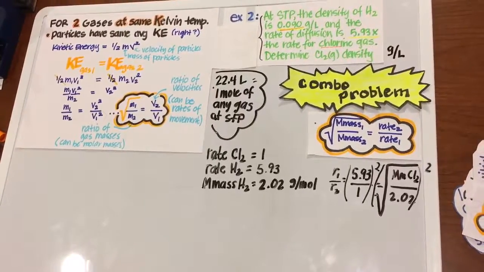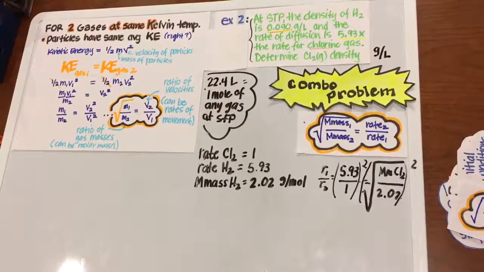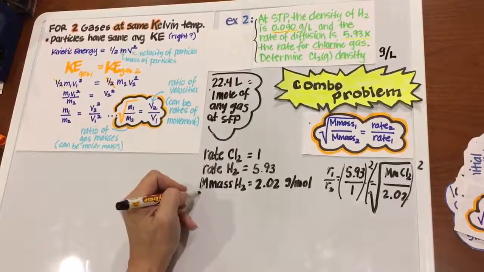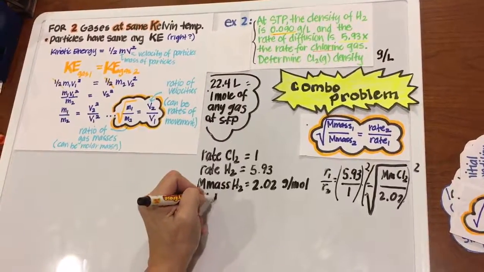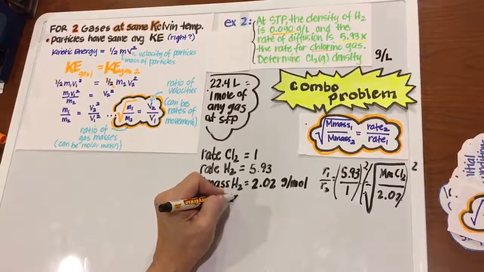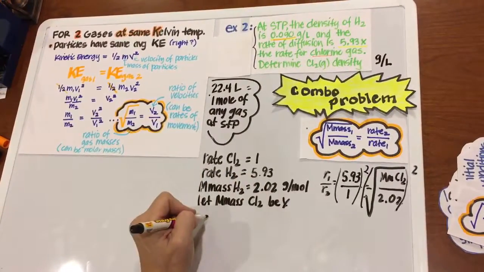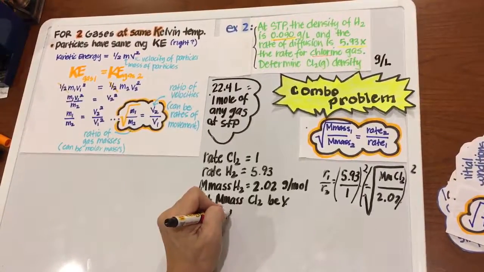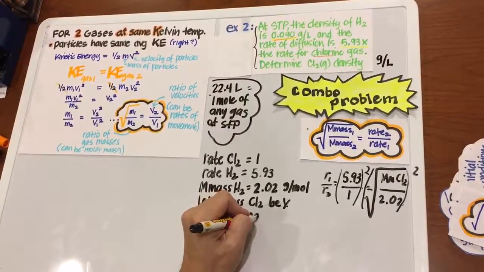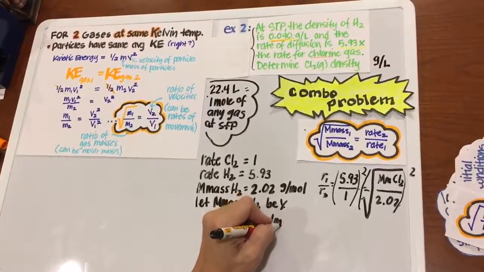So when I square both sides of that equation and let the molar mass of Cl2 be x, when I solve for x, I get 71.03 grams per mole.